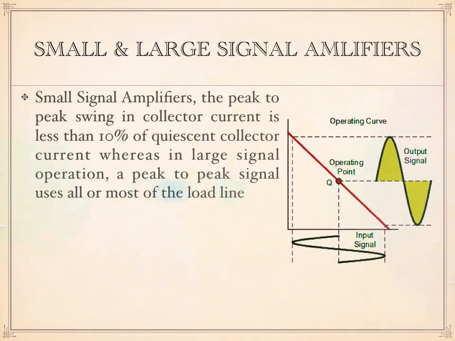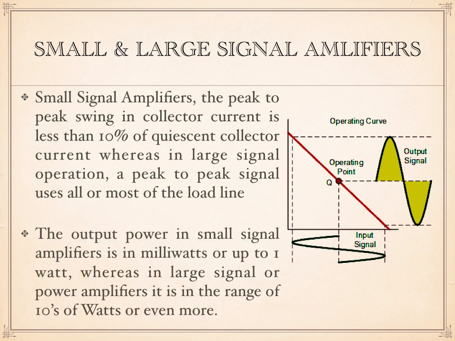Whereas in large signal amplifiers, as you can see in the figure, the peak to peak signal covers most of the load line, that is, the swing is quite large. The output power in small signal amplifiers is in milliwatts or maximum up to 1 watt, whereas in large signal or power amplifiers it is in the range of tens of watts or even more.